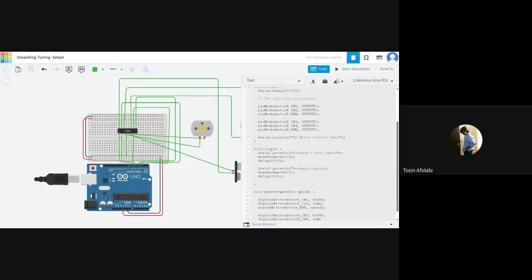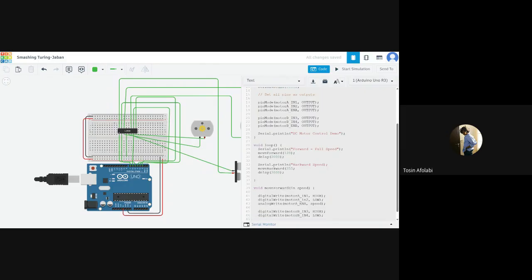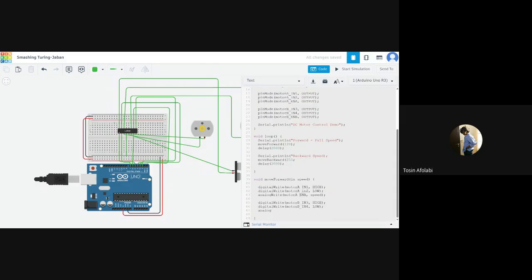Then close parentheses, semicolon, then analog write.